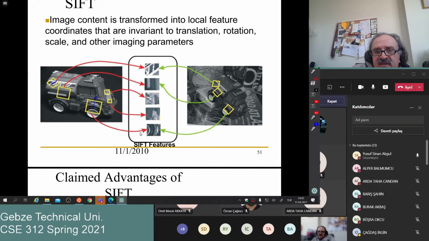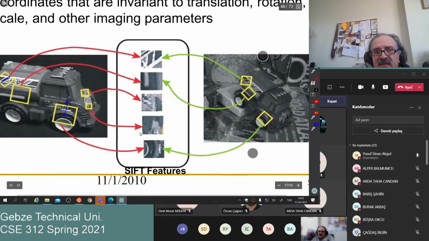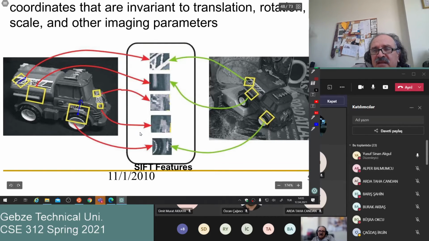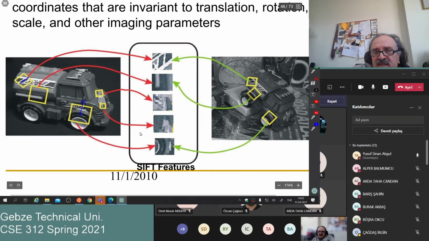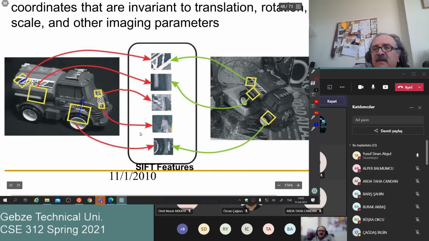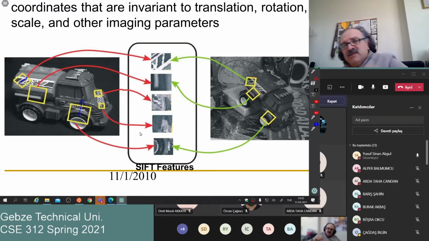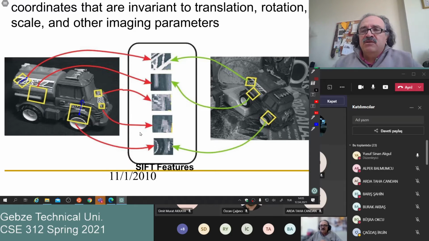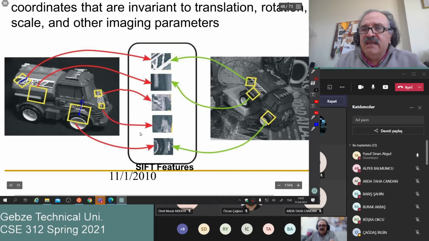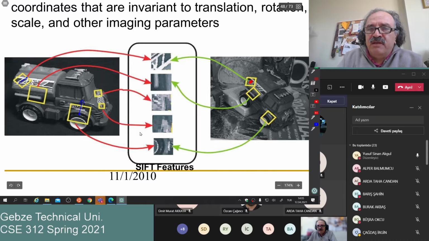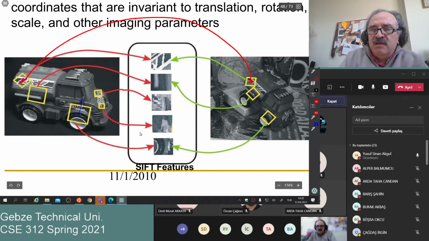If I run the SIFT descriptor on this image, remember this is a very different image, but I have the same object. Since I have the same object, I will get this point, and this point, same as those. But I can now compare them. Why? Because I know their direction, I know their sizes, and I can match them. So at the end I would say that in this image this point matches to this point, matches to this point, and this point matches to this point.